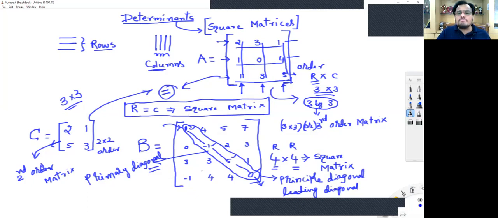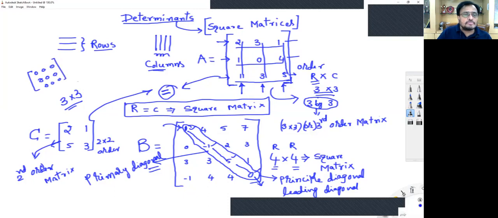Thank you, students. This is a simple introduction about the matrix, which is what is necessary for us to study determinants. Please note it down and read about the types of matrices from your textbook. If all elements are zeros, such a matrix is known as a zero matrix.